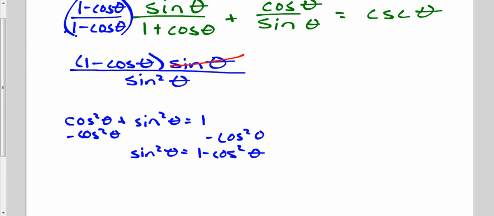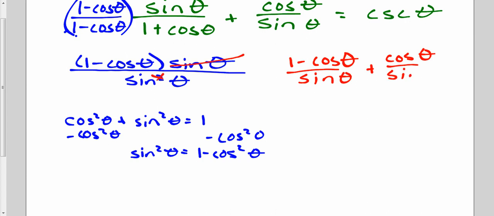It's sine theta times sine theta, right? So that cancels out with the one on top. And so I get over sine theta, right? So now I'm going to write this over here. 1 minus cosine theta over sine theta plus cosine theta over sine theta equals cosecant theta.